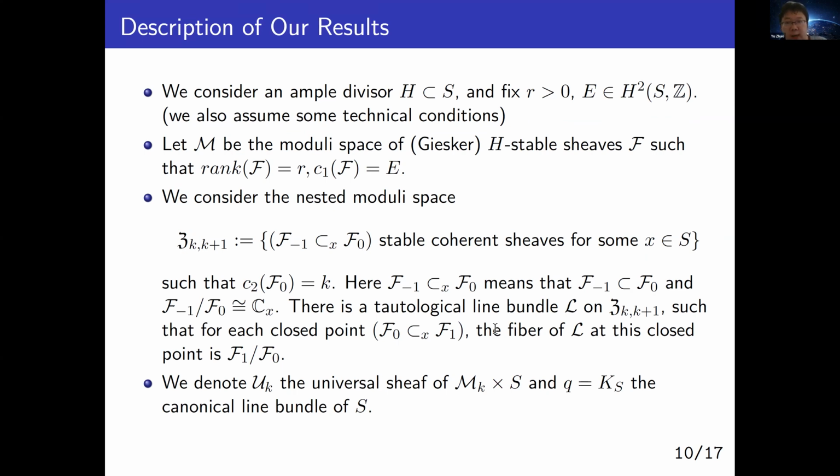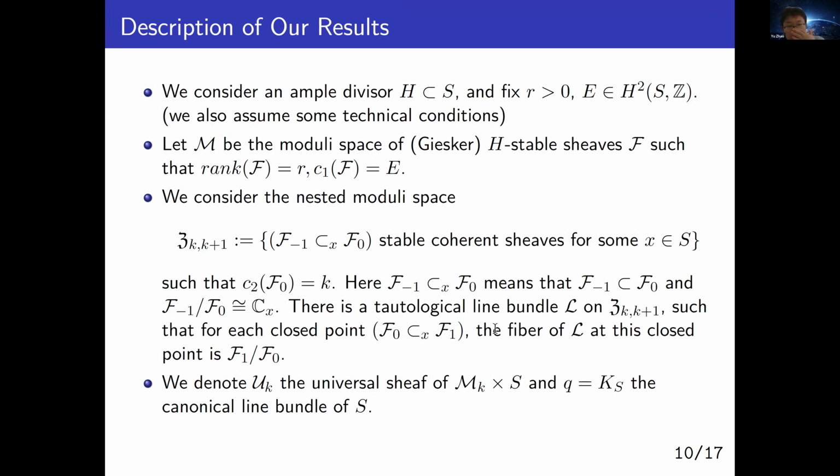When we have chosen those classes, we can consider the moduli space of Gieseker stable sheaves, such that we fix the rank to be r, and we fix the first Chern class to be this one class.